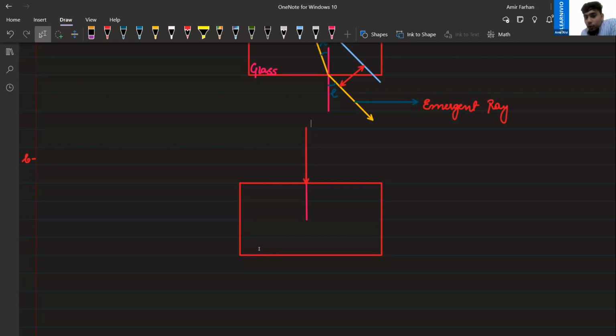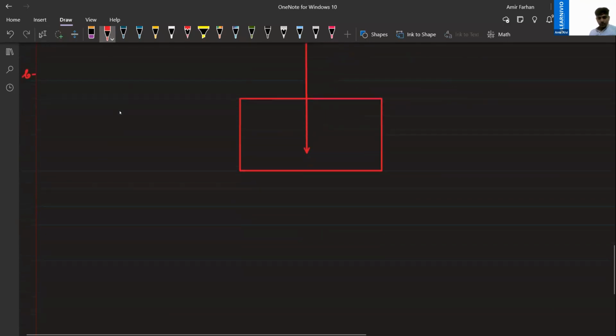So if the light ray is falling perpendicular, it will go without refraction. Just keep it like this. Let me write it down over here.